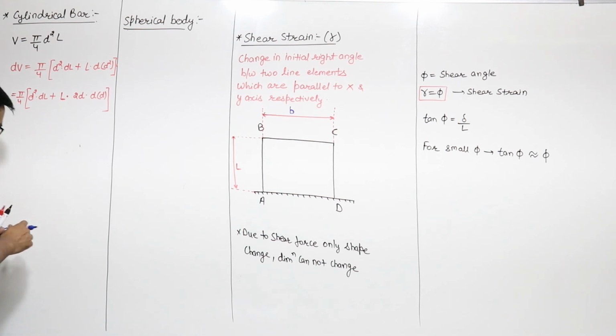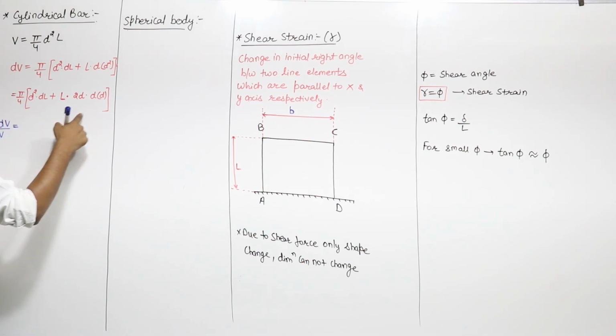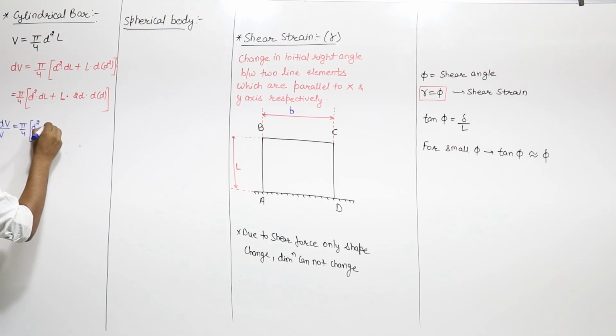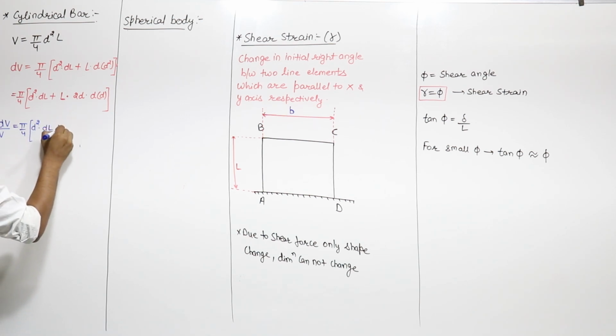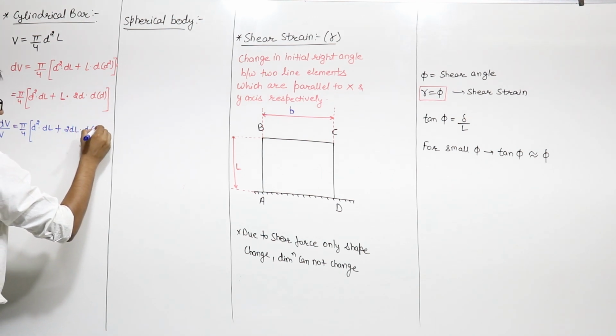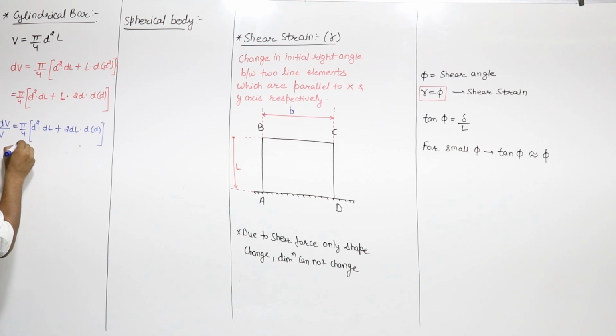If I want to find the volumetric strain, that is change of volume upon original volume, we have to divide this by pi by 4 d square L. So this will be pi by 4 into d square dl plus 2dL dd, divided by pi by 4 d square L.